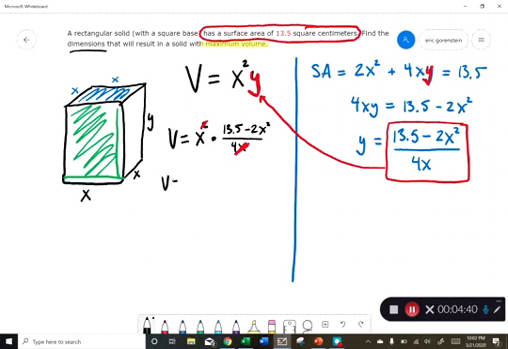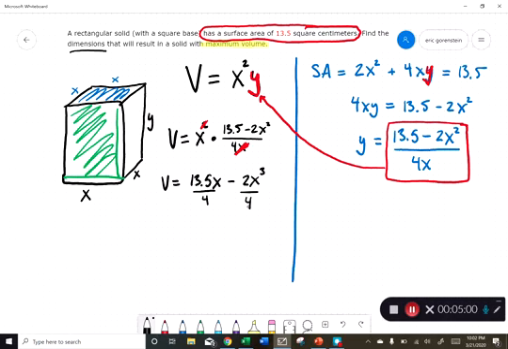Okay, so we have volume is equal to 13.5x minus 2x to the third power, and each of these is divided by 4.